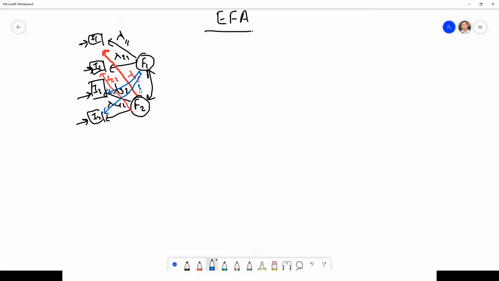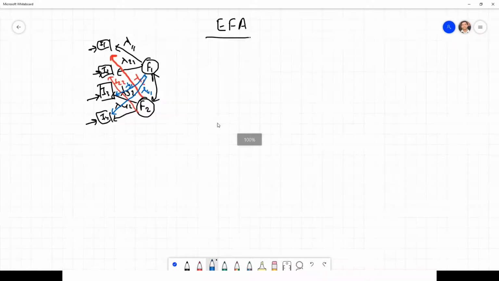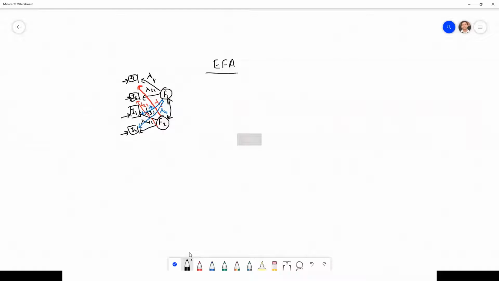The loading will be lambda 41, and this will be lambda 31.